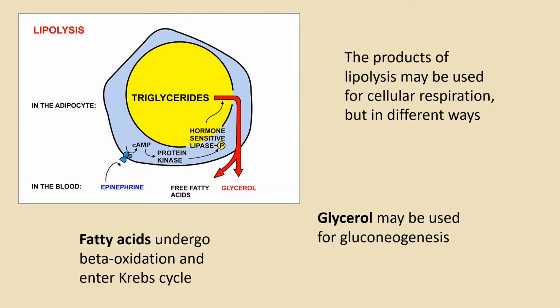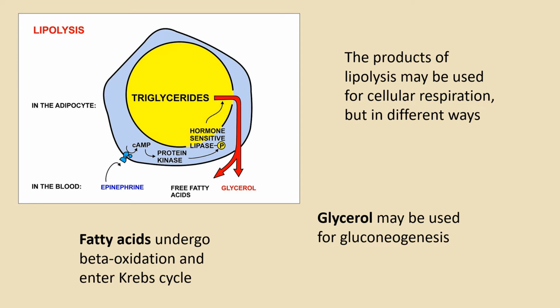So this is pretty much what I just said on the previous slide. The products of lipolysis can be used for cellular respiration. There are 2 products of lipolysis. There are fatty acids and glycerol. The glycerol can be converted into glucose. And in the previous lecture recording, in segment 1, we talked extensively about how glucose is used as a fuel source for making new molecules of ATP.